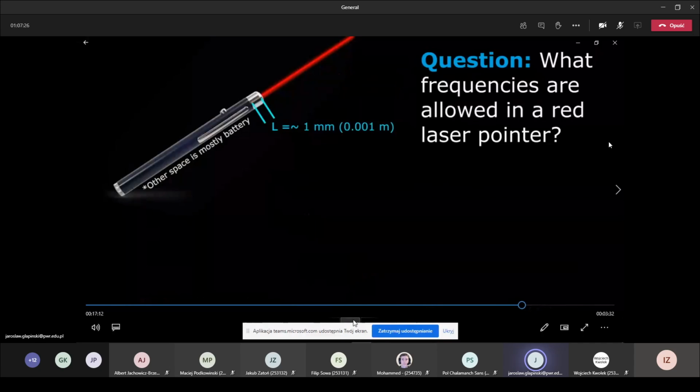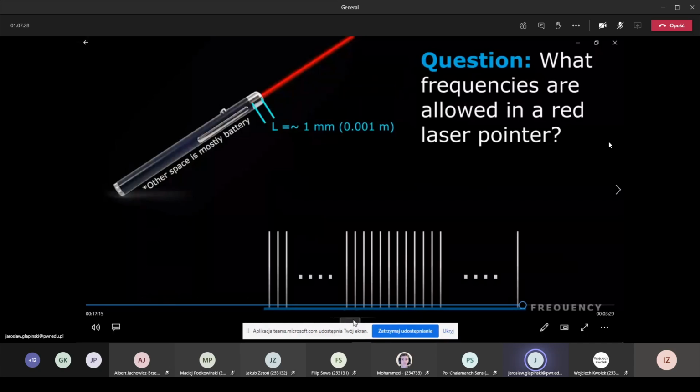We can plot all allowed frequencies, as we know 150 gigahertz will separate them. The plot will look like this. Here we have n equal to 2667, and the corresponding frequency of 400.05 terahertz. Here is 2668, 2669, and so on.